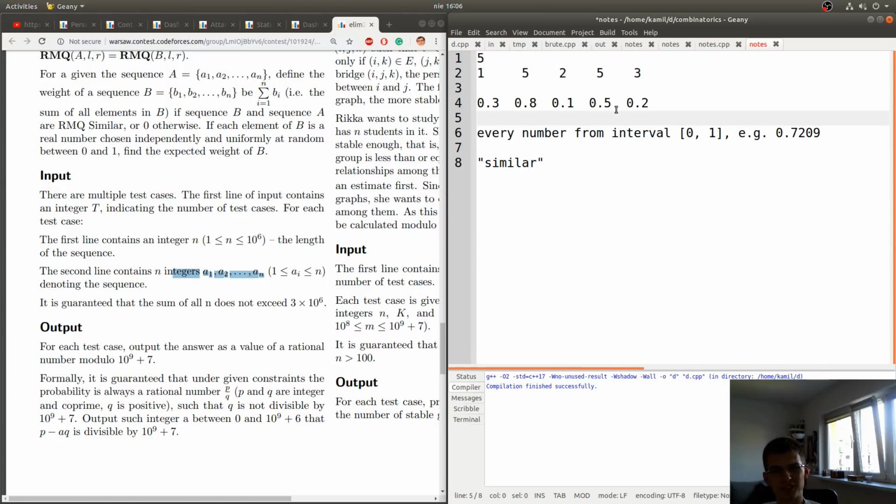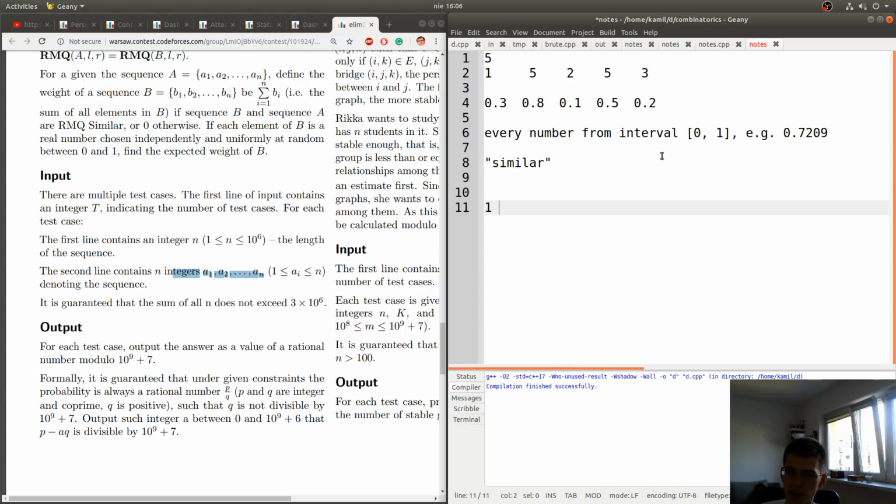But if that was true, that we would just want the numbers to be in the same order, I claim that the answer would be just 1 divided by n factorial. Because here we have a bunch of random numbers in some interval 0, 1.